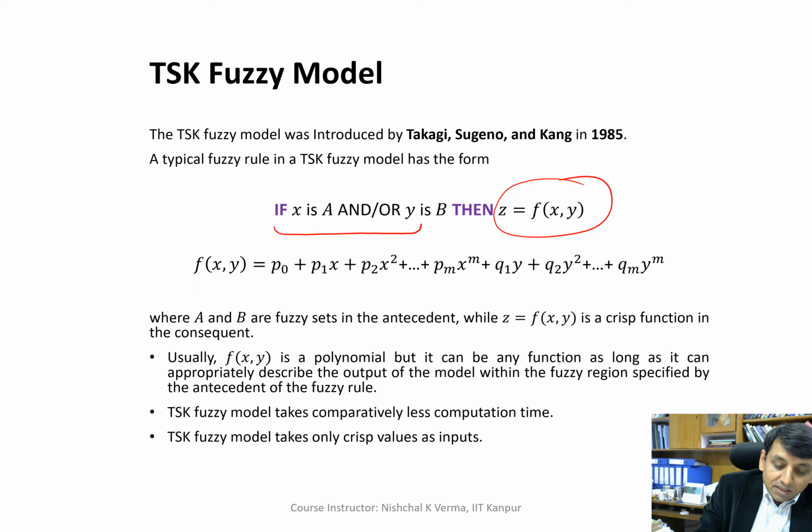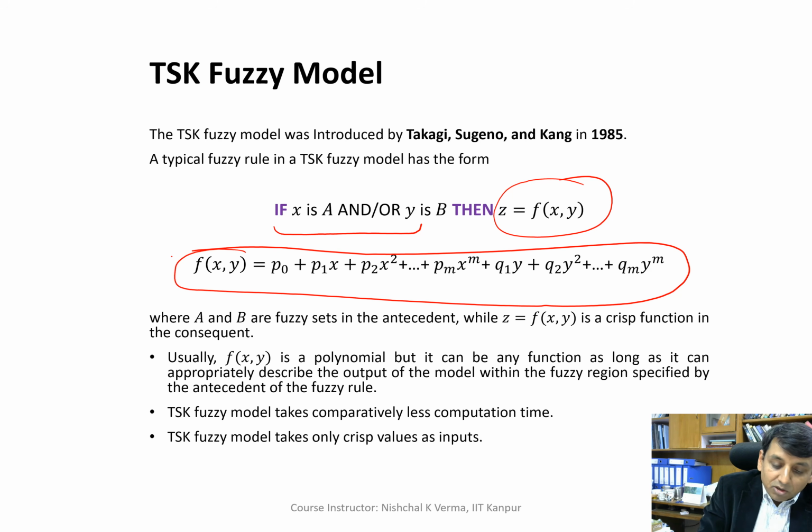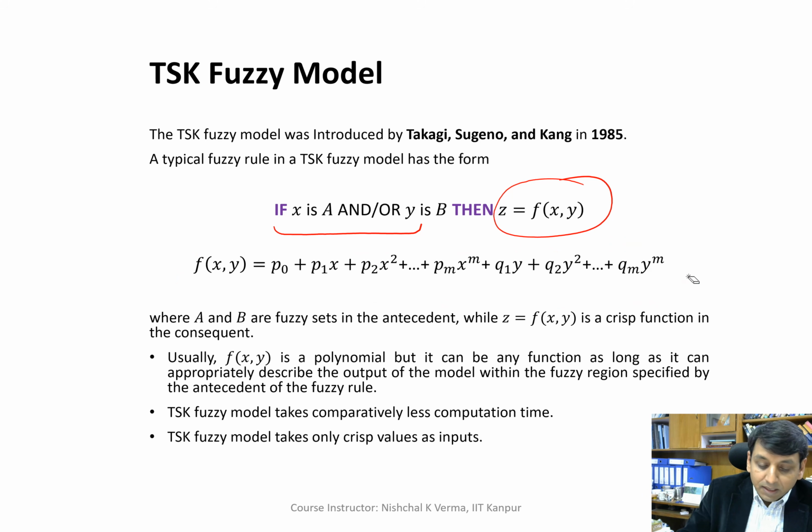This polynomial is of the form f(x,y), a function of x and y, if x and y are the inputs. So let's say we have two inputs here. The first input is x, the second input is y.